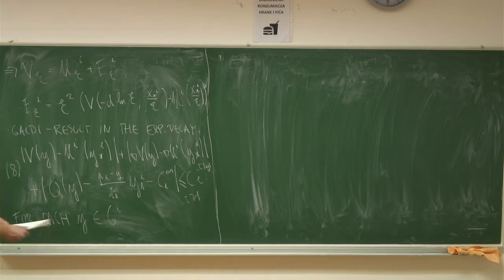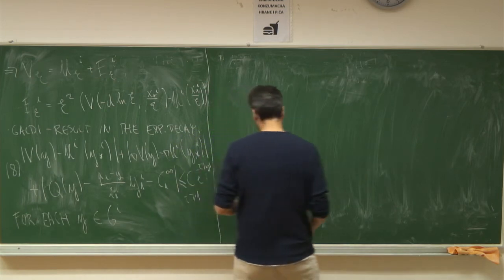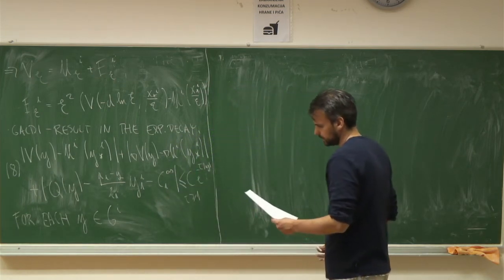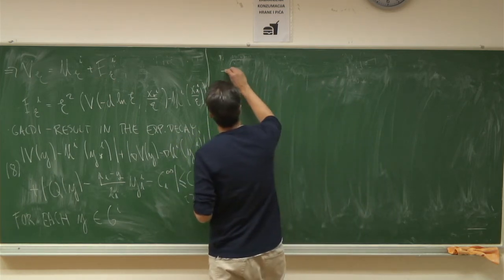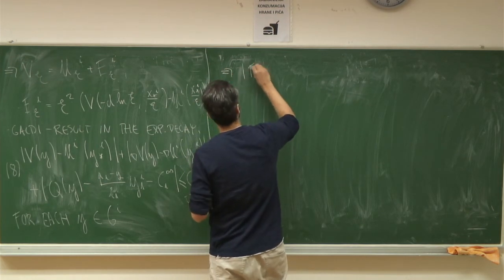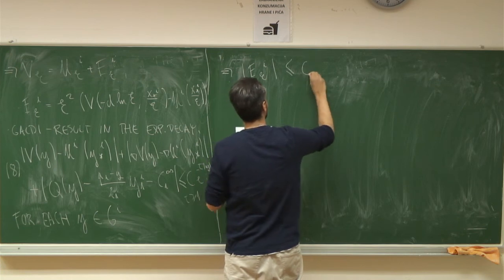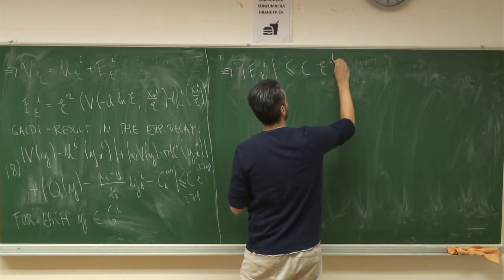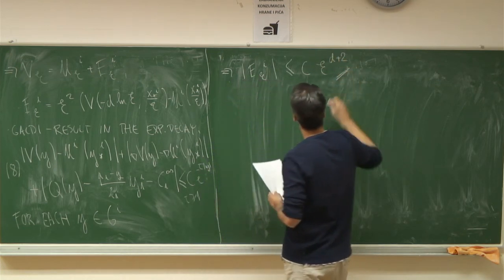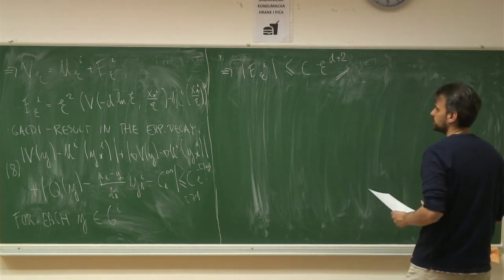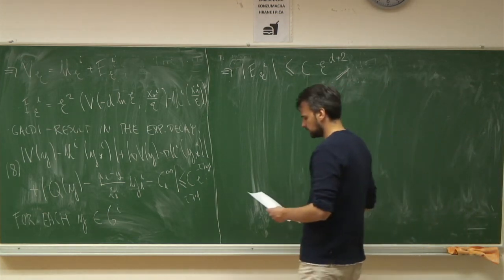Now let's just finish up this last couple of ideas. So E epsilon I is less than or equal to C epsilon to the power of B plus T. Okay, so this is the error.